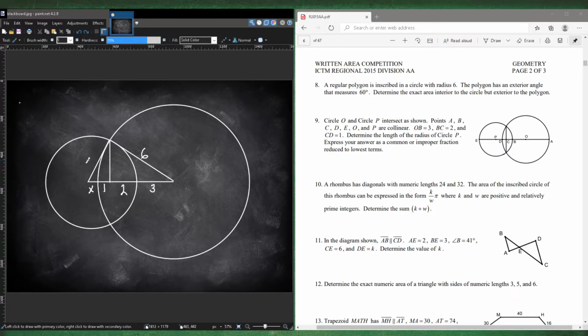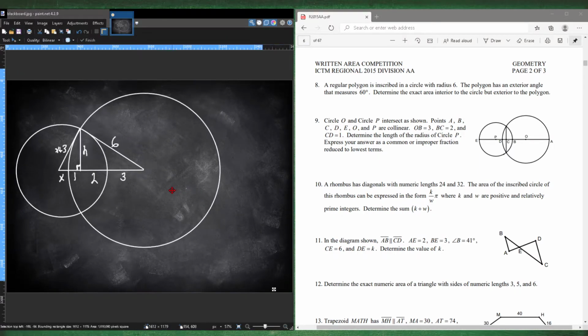Let me separate that a bit. That looks a bit ugly. X plus 3. And what is this? That's the height, so I just call that h and put a right triangle. So now we just use the Pythagorean theorem. Let's move this over so I have a bit of room to do some math.